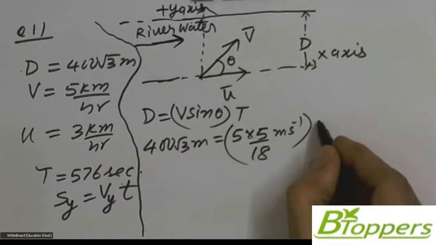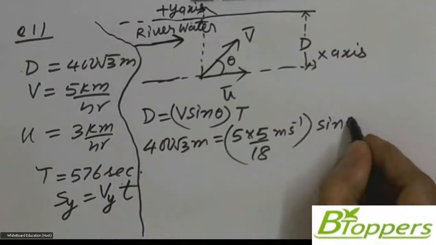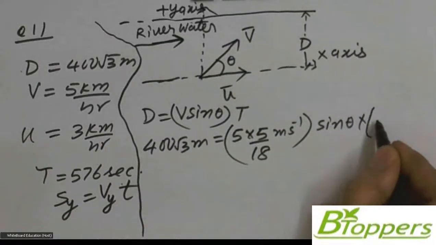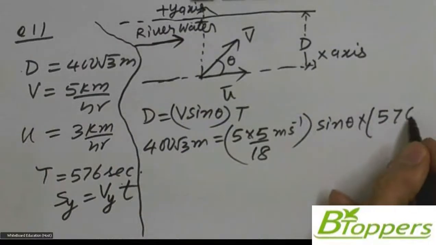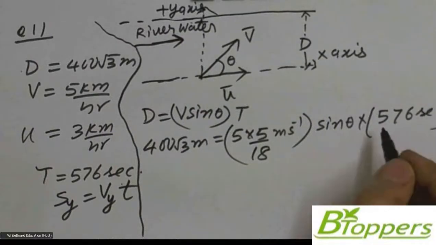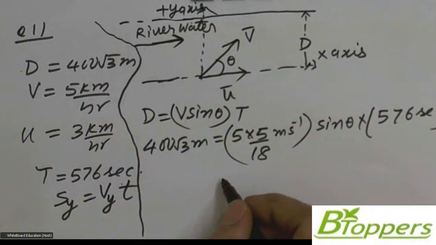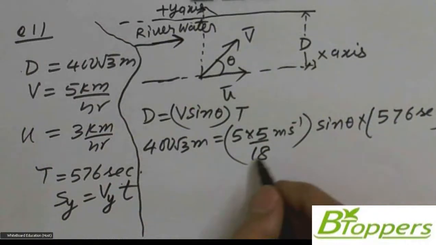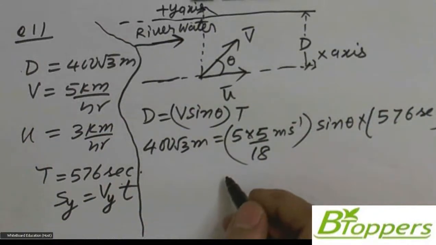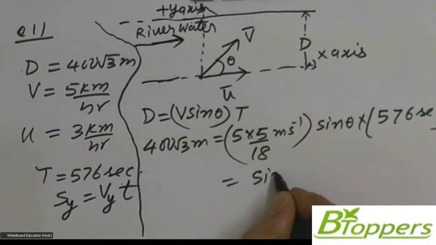That's the value of V into sin theta into time taken to cross the river, which is given as 576 seconds. You can try to simplify this to find sin theta.